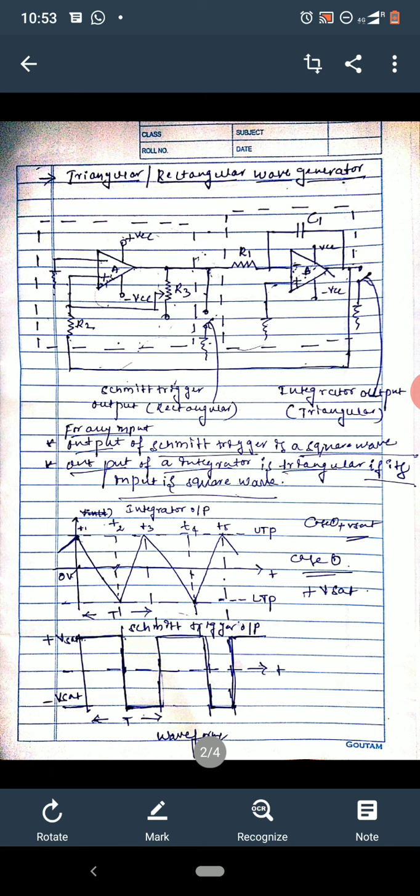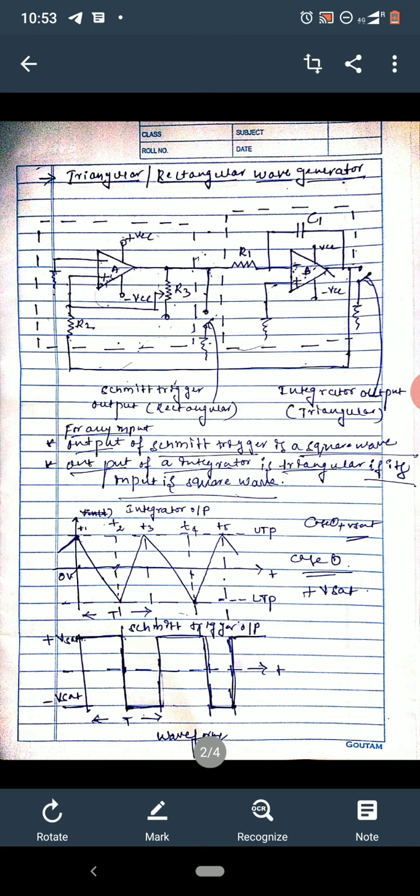Now coming back to this diagram, I hope this makes more sense. As I told earlier, I will brief it. As capacitor C1 is charging, when the Schmitt trigger output is plus V saturation, you will get a negative going ramp from the duration T1 to T2.